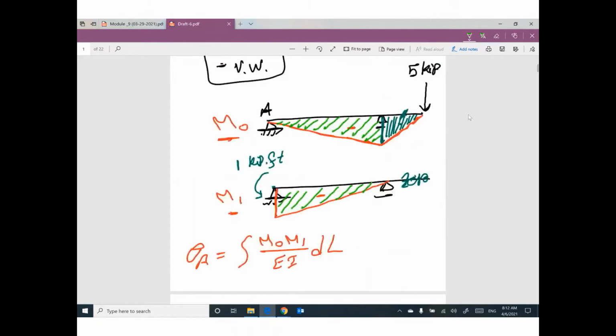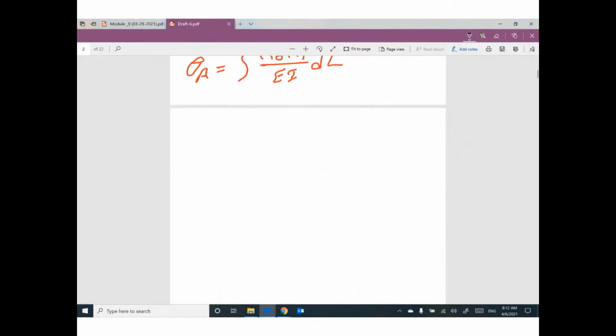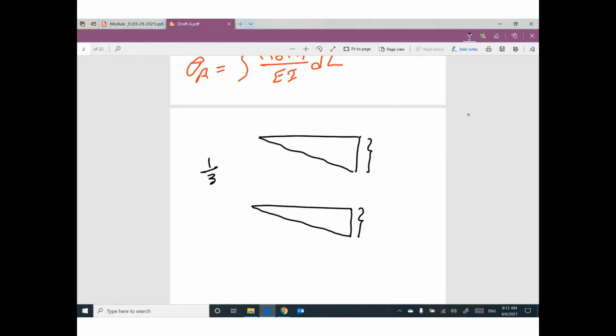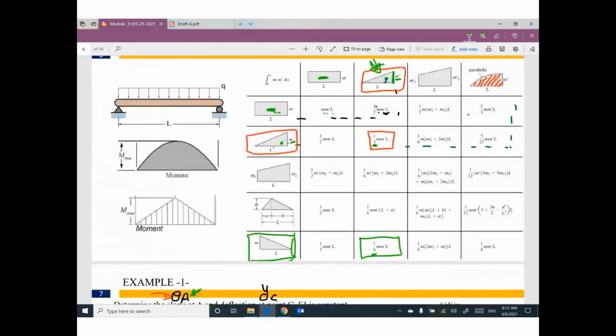Be careful. If you are integrating this triangle with this triangle, this side and this side look exactly the same, so your integration will be 1/3 m times L. M naught times M1, and this is the length L. This is the case for this triangle and this triangle, with this moment and this moment on the same side.